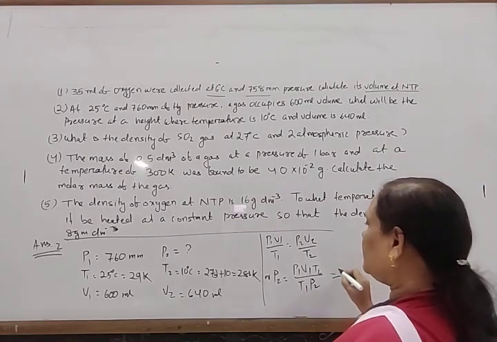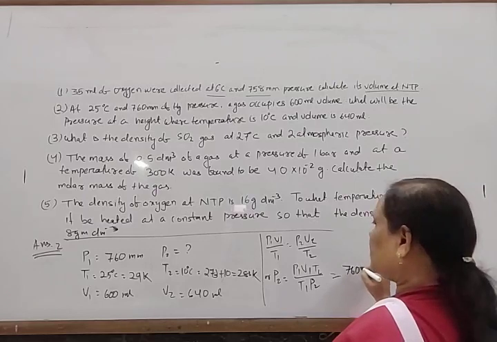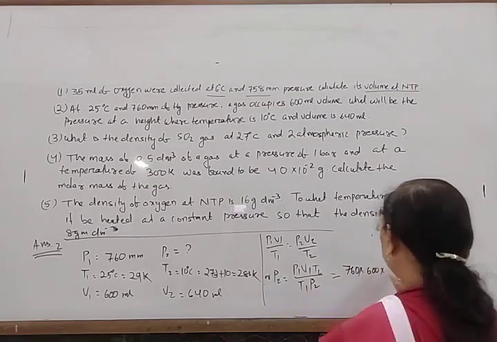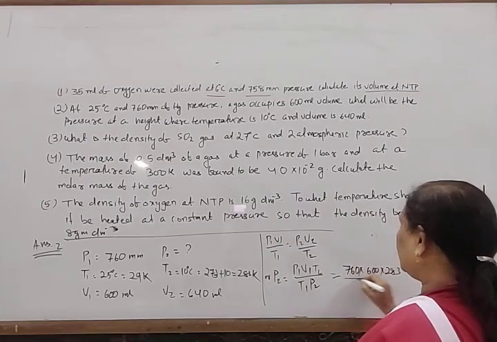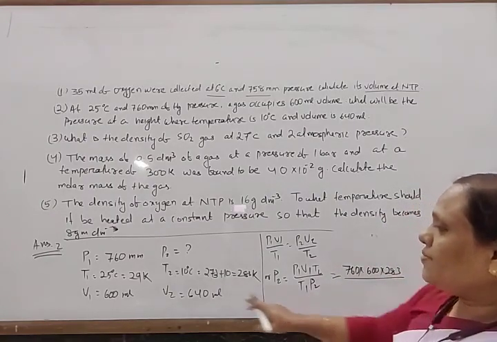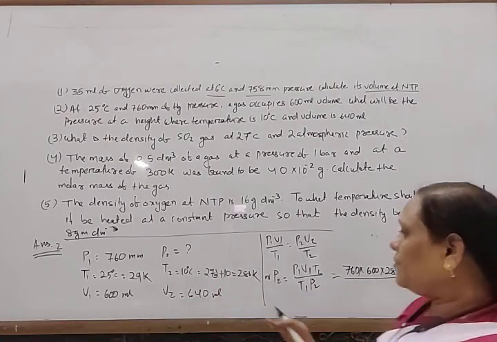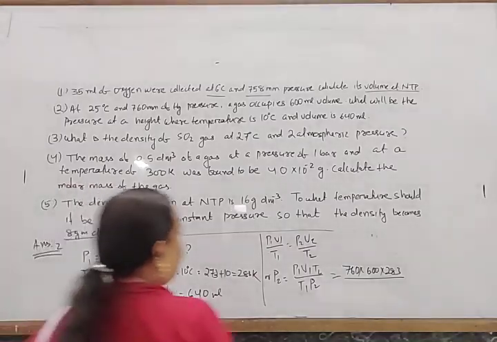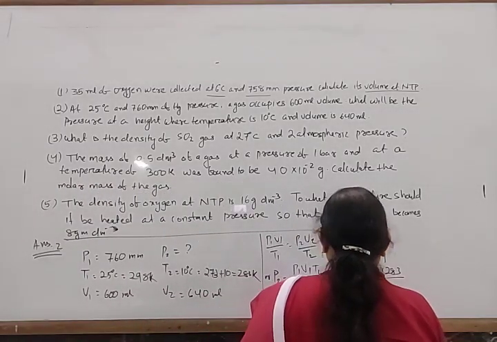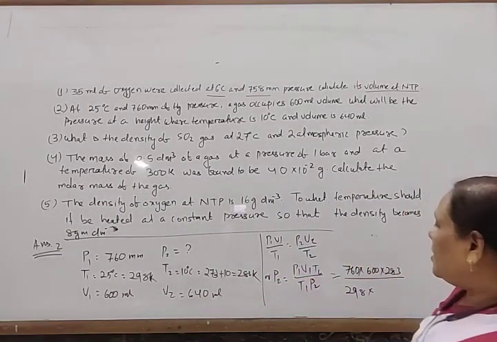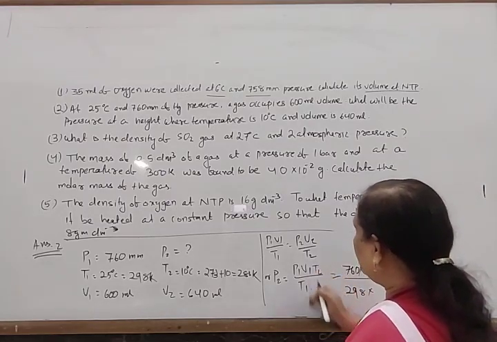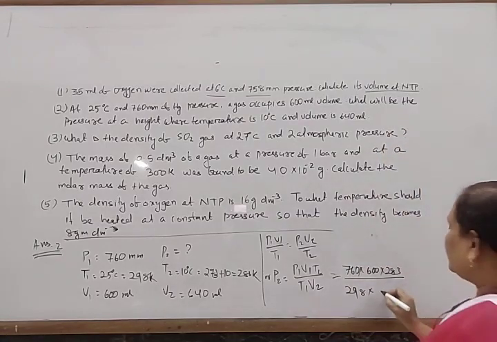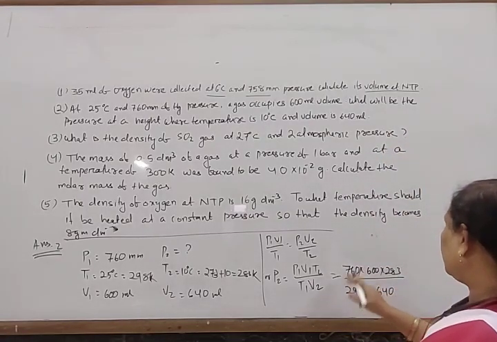Put these values: 760, 600 and T2 283, divided by T1 that is 298 Kelvin, and V2 is given as 640.